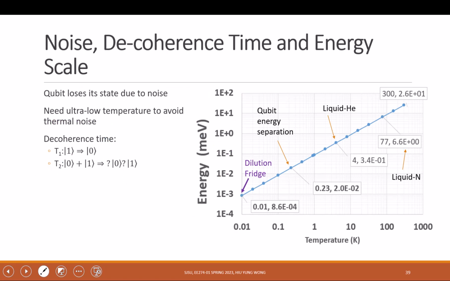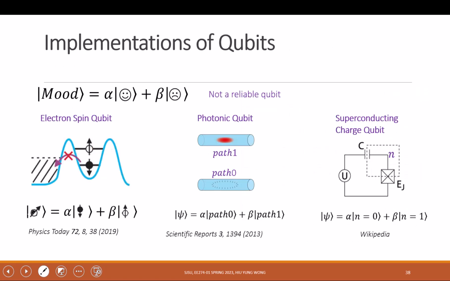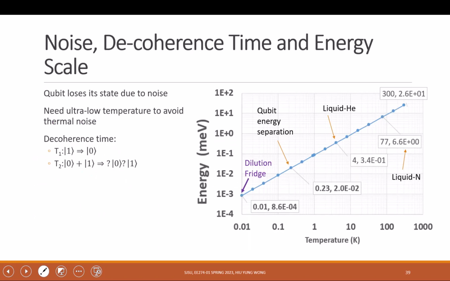But you see that if we try to distinguish their states, we need to go to very low temperature. Look at this, at room temperature, thermal energy in terms of eV is about 26 meV. In a superconductor, the separation is as low as 20 meV. So when you cool it down, for example, using a dilution refrigerator, this is 10 millikelvin.